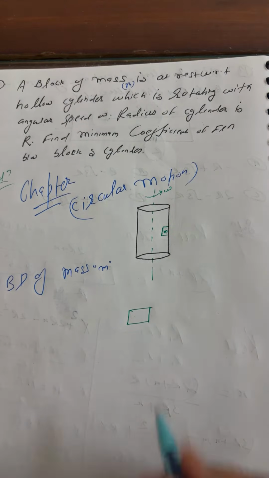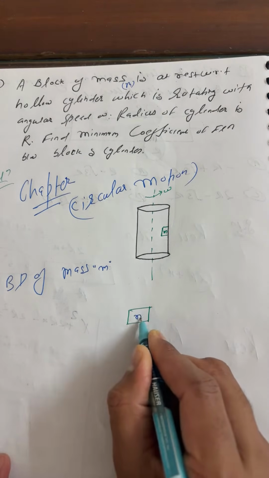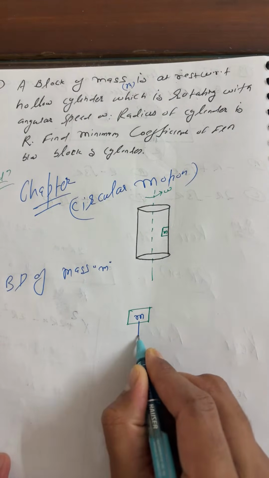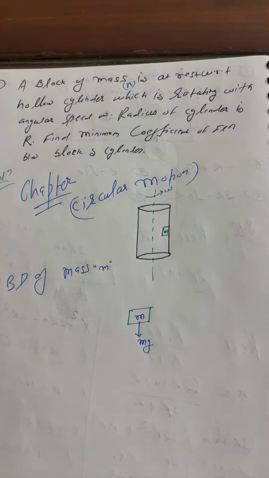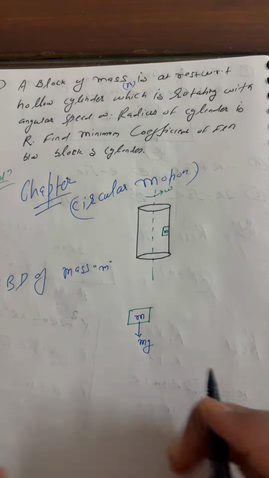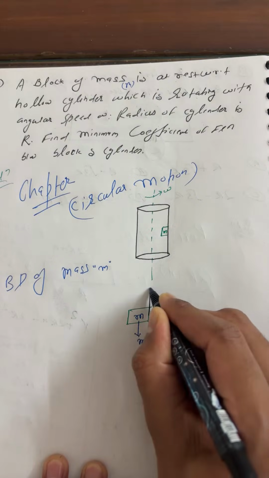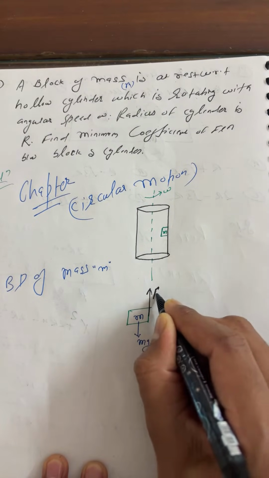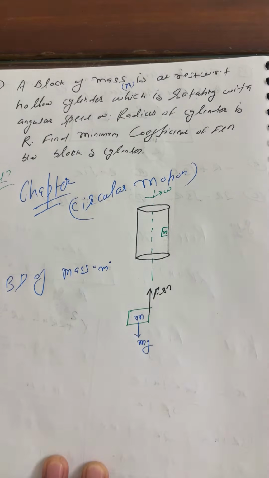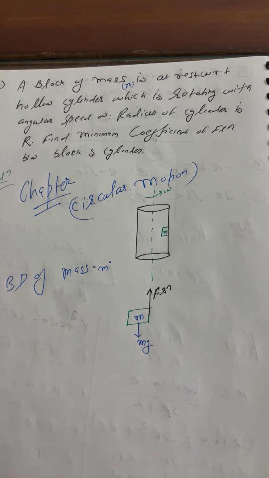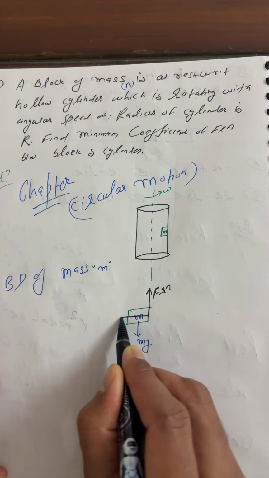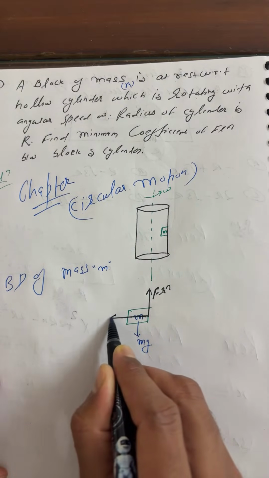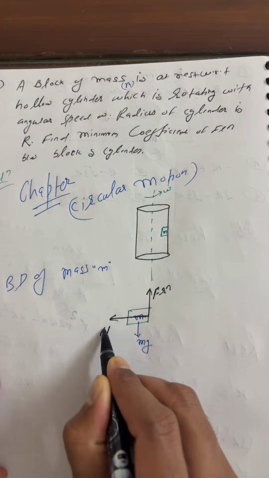So I'll make an FBD of the mass M. Here for the mass, this is the normal force. Due to the mass, mg gravity force is always acting in the downward direction. This is the direction of friction. Normal always acts perpendicular to the contact surface.